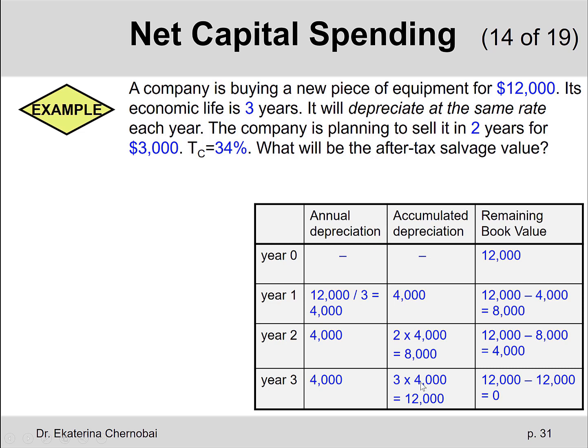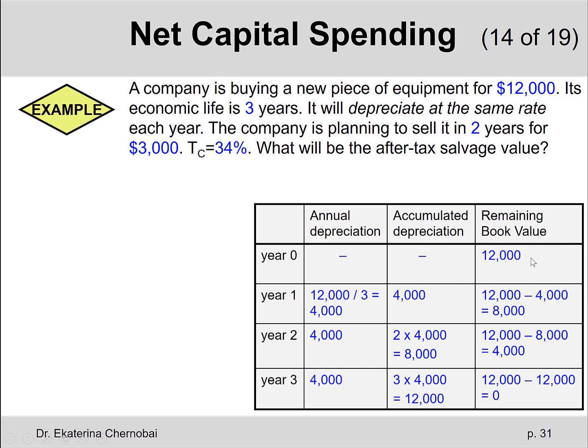So 3 multiplied by $4,000 per year gives $12,000, which is how it should be, right? Because the equipment has a 3-year economic life, after the 3rd year, the accumulated depreciation should be exactly equal to the initial book value. Another thing you can say is that after the end of the economic life of your equipment, the remaining book value should equal 0.